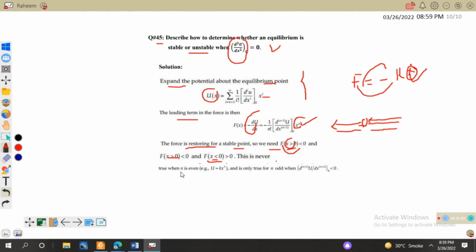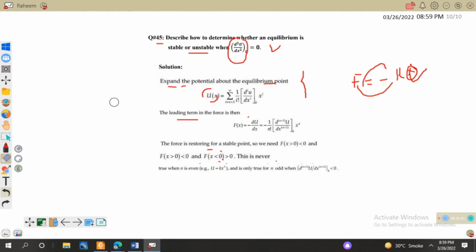This is never true, because in this case, when n is even, U will be equal to kx cubed, and this is the tricky point, so I will elaborate on this. If I erase this, I will be able to write further detail. Here he says that in this case, this is not an equilibrium.